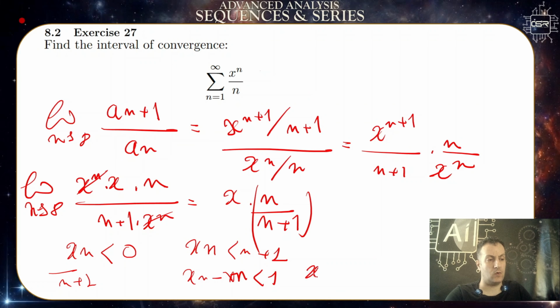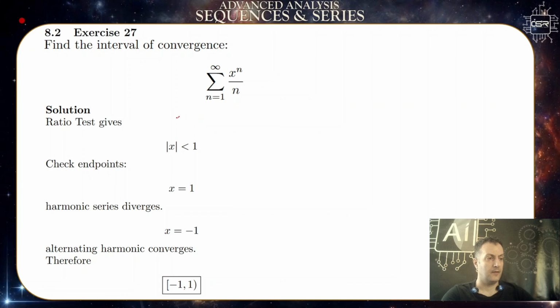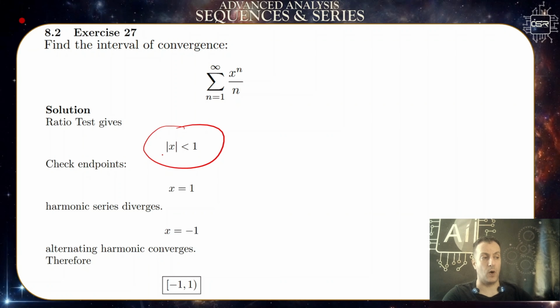So x less than 1. Based on the test, x should be less than 1. Hence, the ratio test gives x in absolute value is less than 1.